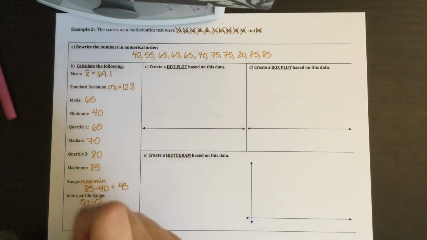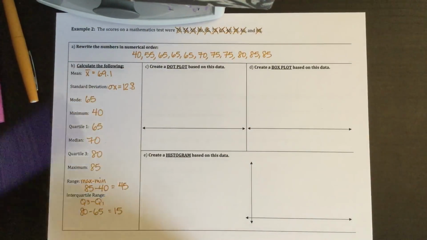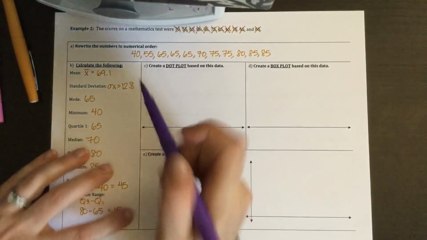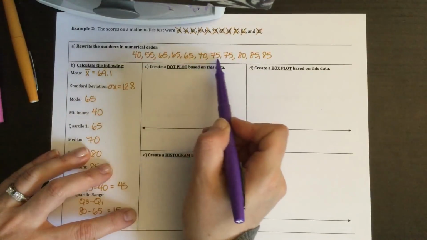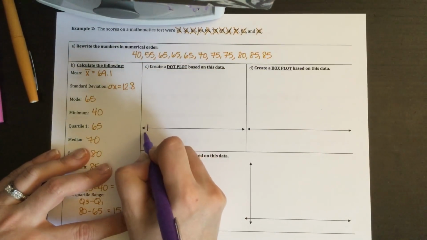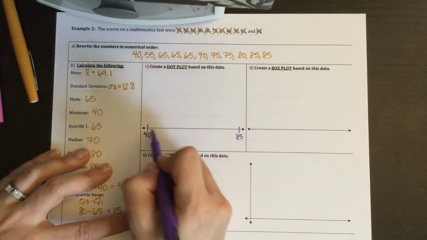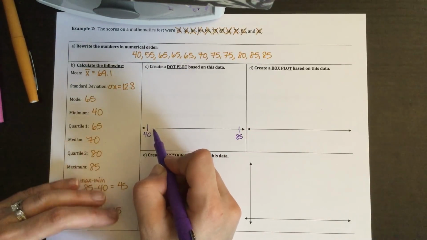All right. Now let's make our dot plot. Our dot plot has to go from 40 all the way to 85. What's nice is that these are all multiples of 5. So I'm going to go from 40 to 85, and I'm going to go by 5s.